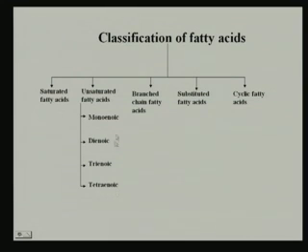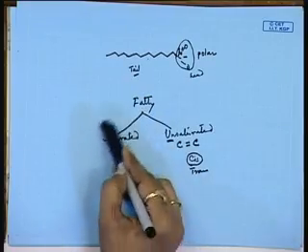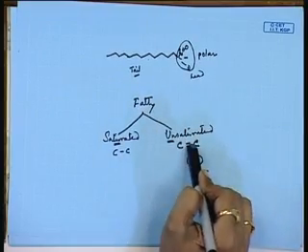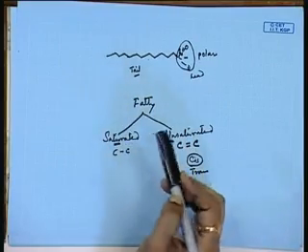This fatty acid is once again classified into saturated, unsaturated. Sometimes it is the branched fatty acid, substituted fatty acid, and cyclic fatty acid. That means besides this saturated and unsaturated, we can also get this fatty acid in a much more complex form.